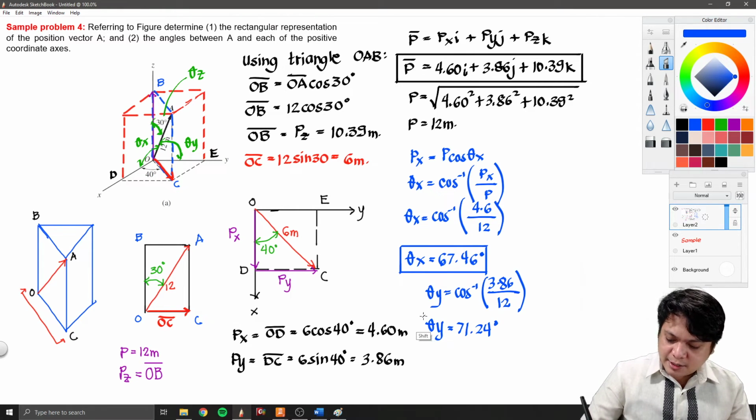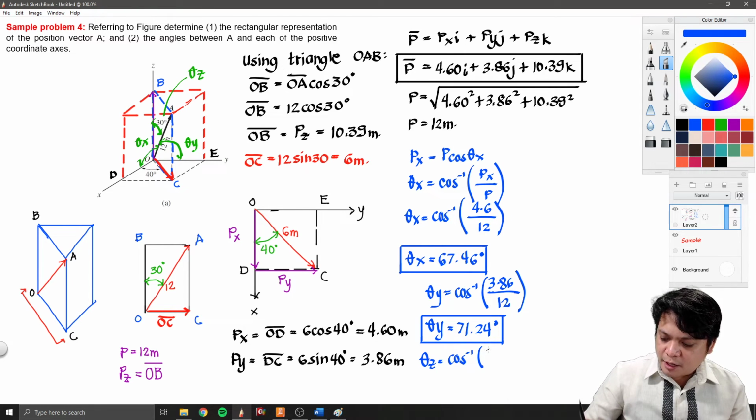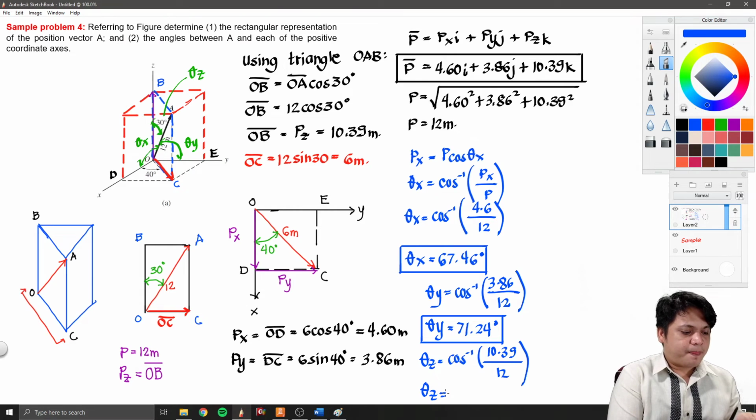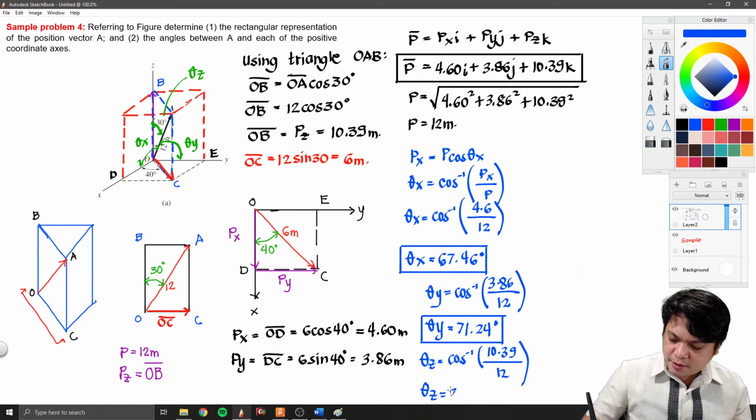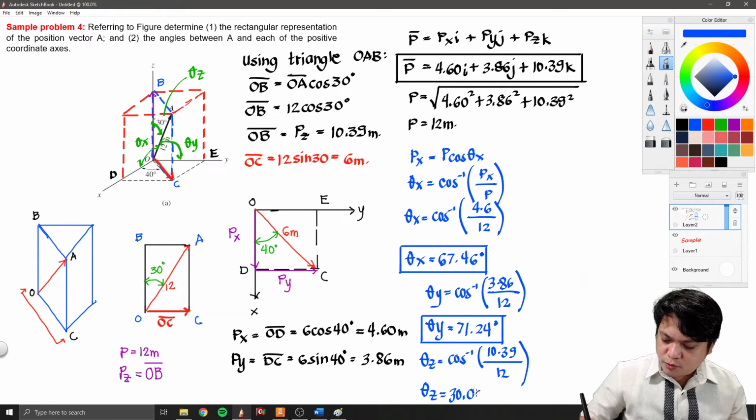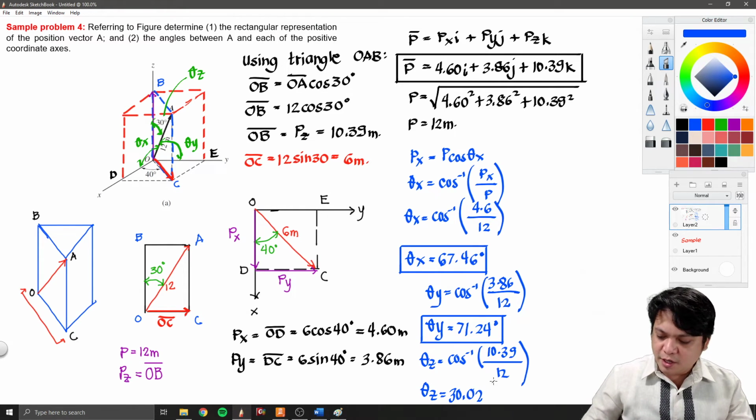And then, lastly, you will be having here theta z. So, that is cosine negative 1, 10.39 all over 12. Okay? So, we will be having here theta z. And that is around 30.02 degrees.